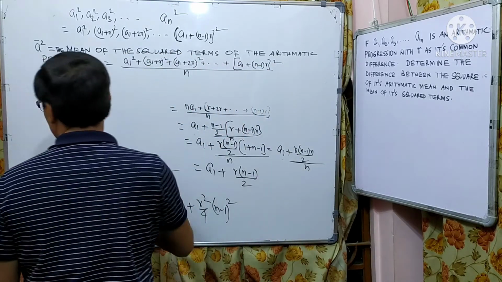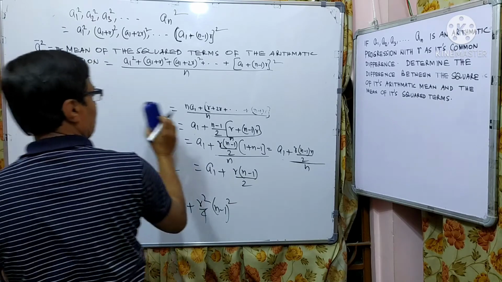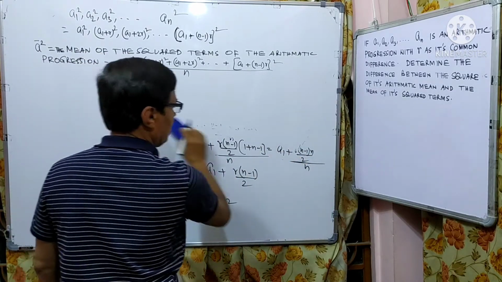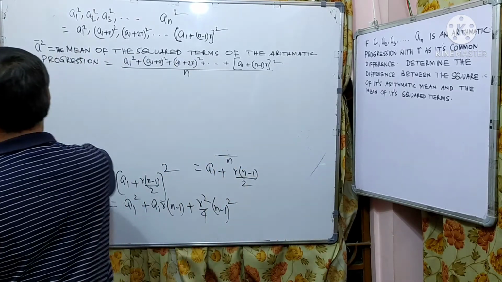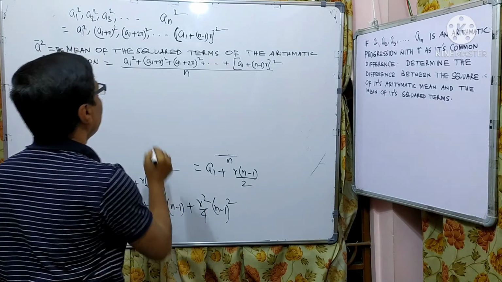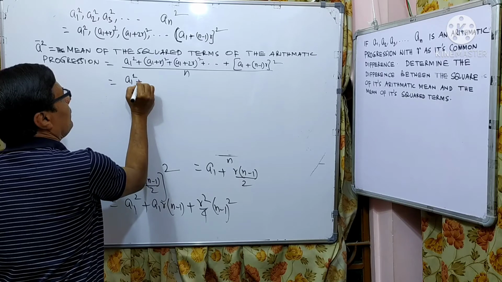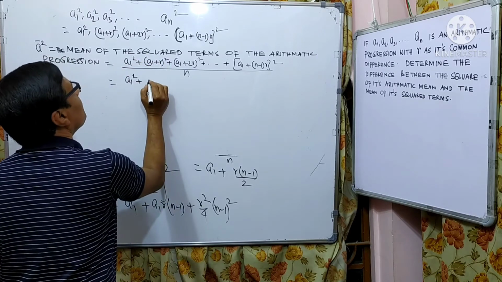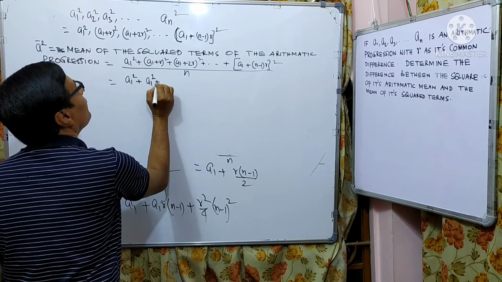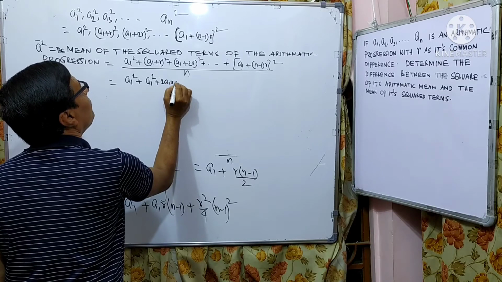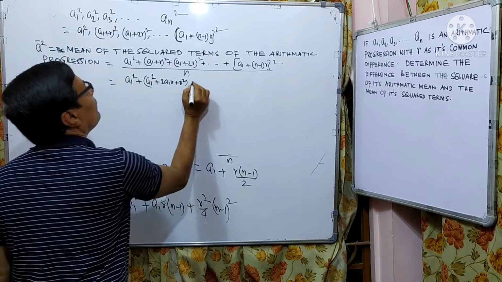So we can write a1 square. If we expand this, we get a1 square plus 2 a1 r plus r square.